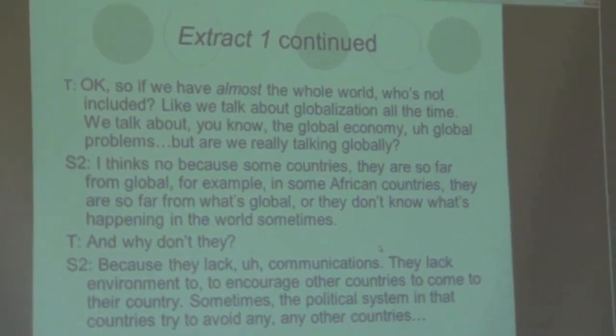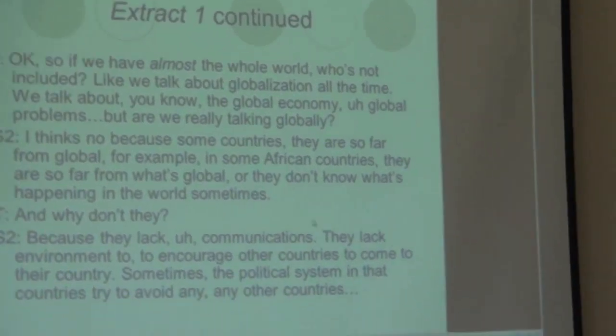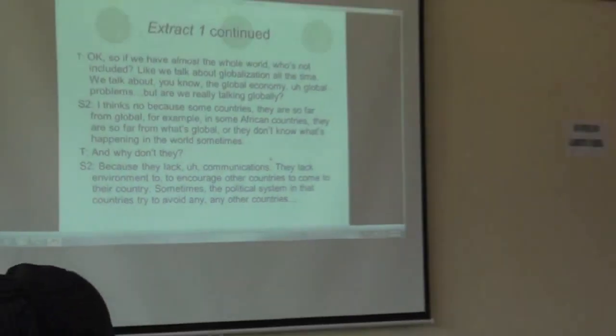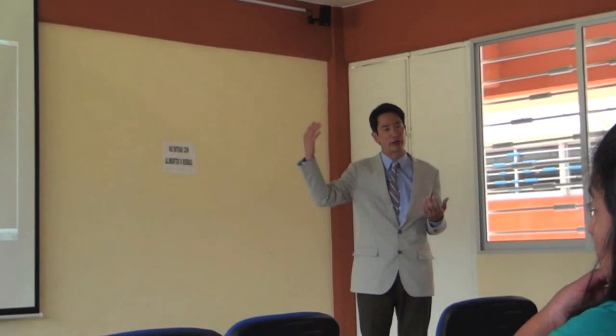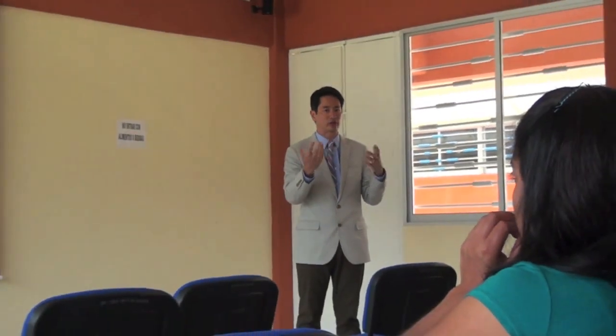Okay, so here, student number 2 makes several interesting observations about globalization, contrary to what the video would have us believe. First of all, the video was trying to show that we're somehow all interconnected, and that's the dominant image of globalization, that we're all increasingly interconnected.